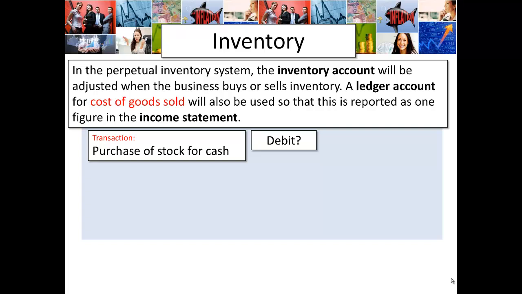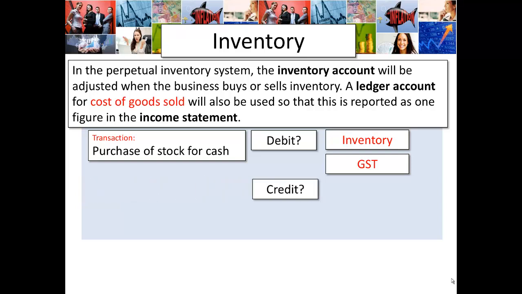Right, so we have some transactions here. We've got a purchase of stock inventory for cash. Is that a debit? We're going to debit inventory. And GST, of course. Credit bank. We're going to credit bank with the cost price.